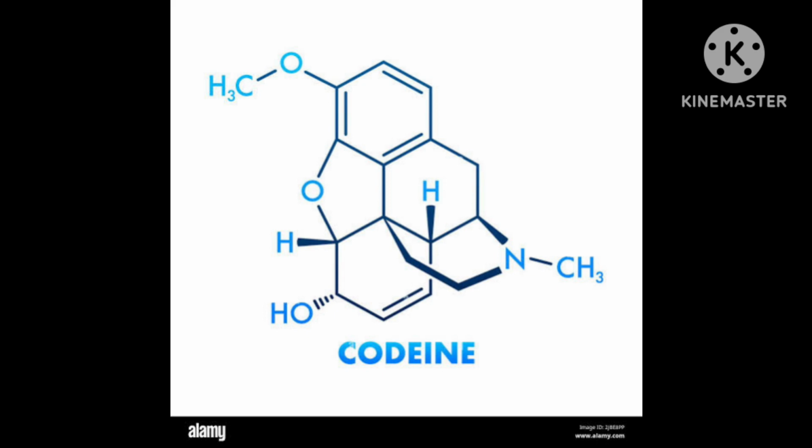Codeine is an opiate and prodrug of morphine, mainly used to treat pain, coughing, and diarrhea. It is also commonly used as a recreational drug. It is found naturally in the sap of the opium poppy, Papaver somniferum. It is typically used to treat mild to moderate degrees of pain.